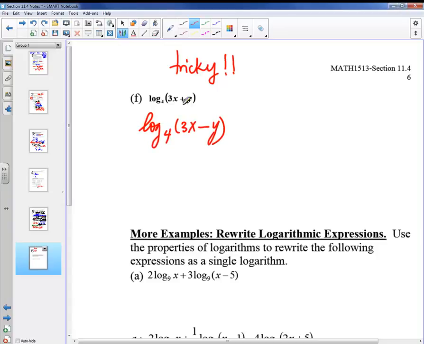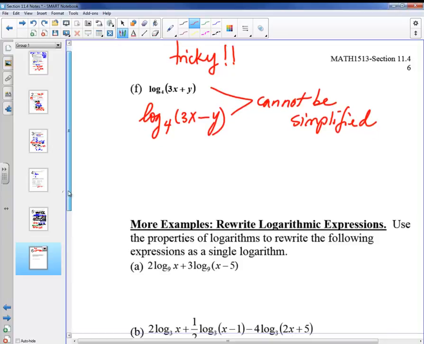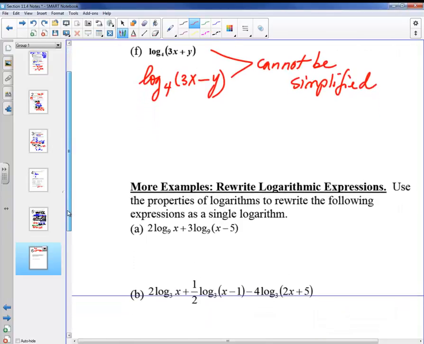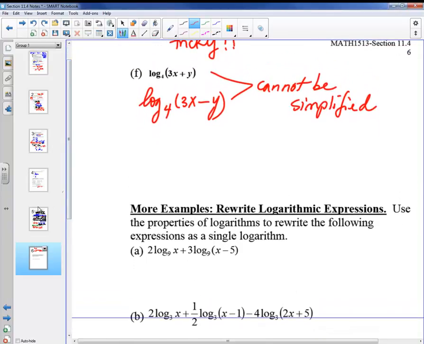This is already in simplest form or cannot be simplified. Now, don't tell me no solution, because this is not an equation. Just tell me that it cannot be broken down any further. There's no rule for the log of an addition or a subtraction.